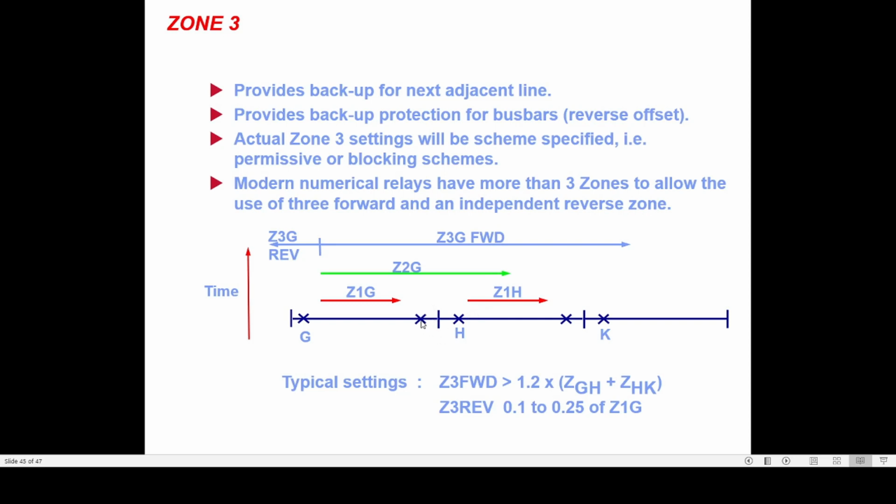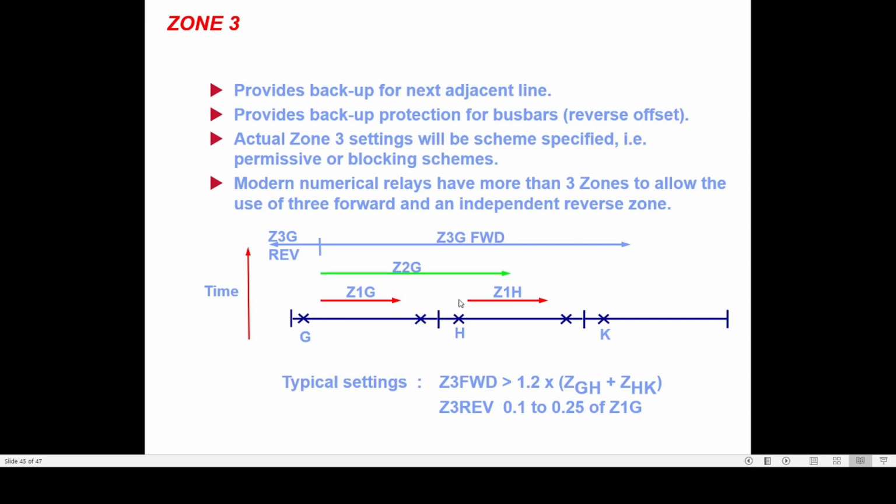Now, why we consider up to this point is that in case of any fault in the bus bar, generally the bus bar protection will operate and it will clear the fault. But if the bus bar protection fails to operate, then your relay at H must operate to clear this fault.